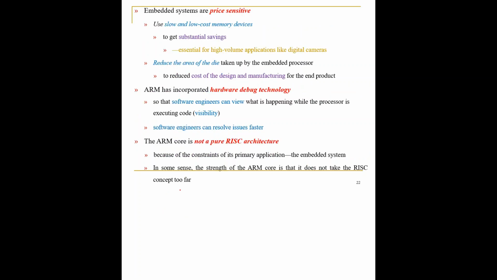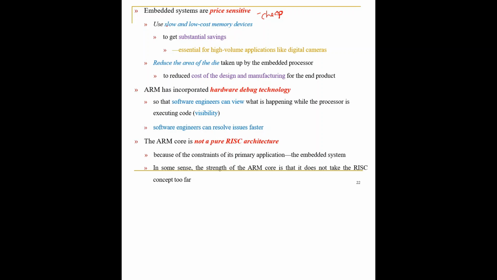Moving on to the third feature, embedded systems are price sensitive, quite obvious. Price sensitive in the sense you expect your embedded systems to be as cheap as possible, because whenever I buy a cell phone, I look into the cost of that particular cell phone, right? And this price sensitivity basically depends on the size of the memories we are going to use.